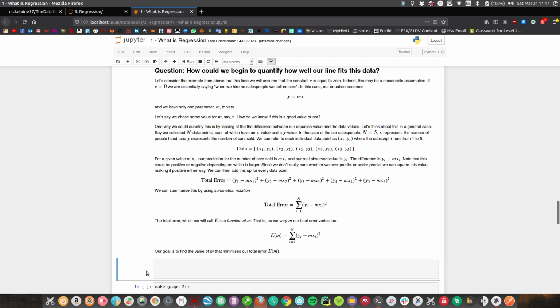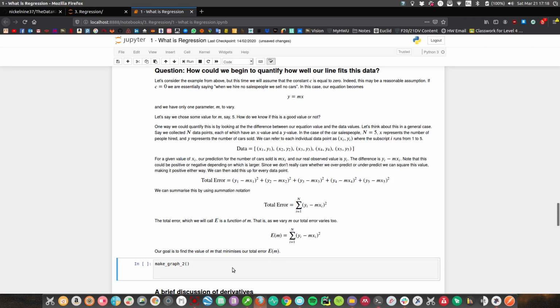But really, they're all related, right? They're all talking about an input and an output. In this case, we're saying the error, which is this whole thing here that we can add up given our data set, is going to be a function of m. As we change m, our total error changes. So we can describe this thing as being a function of m, the gradient.